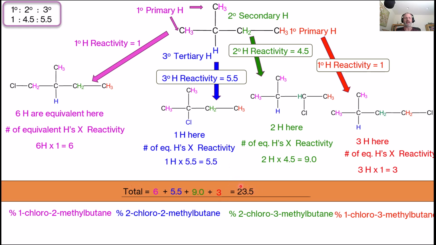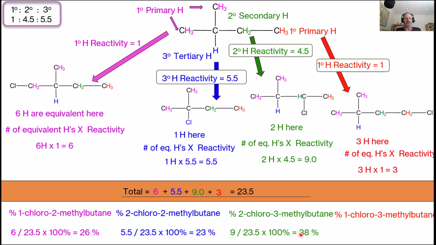So if we weight all of these contributions by that total and multiply by 100, we're going to get a percentage. Down here below, we can see our contribution of 6 divided by 23.5 times 100% gives us 26%. You can see here, we'll take 5.5, the contribution from this, divided by 23.5, and you get 23%, and so on and so forth.